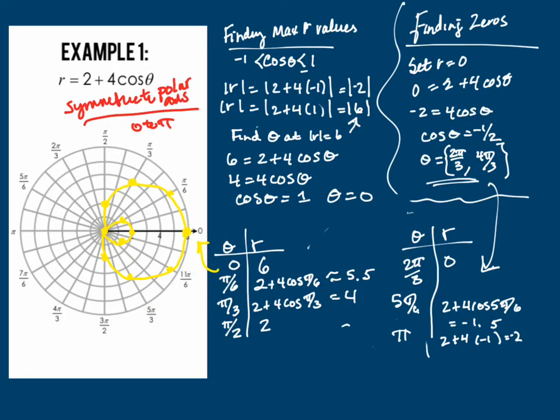The first thing you do, and we're going to graph r equals 2 plus 4 cosine theta, and we are looking for the maximum r value. Now, I've graphed it down here, but you're going to see how we got there.